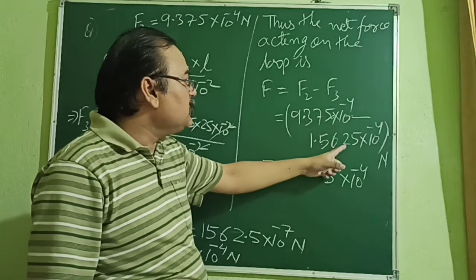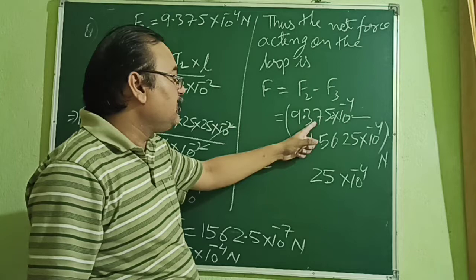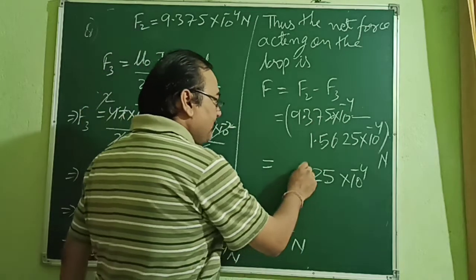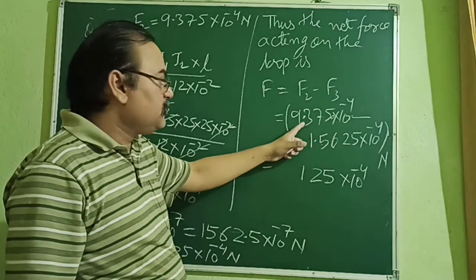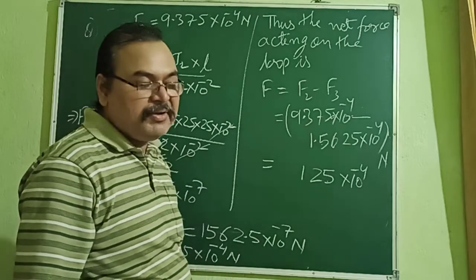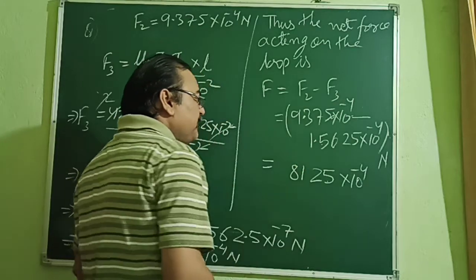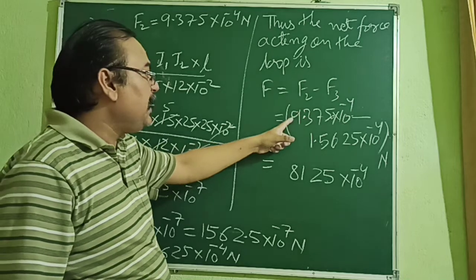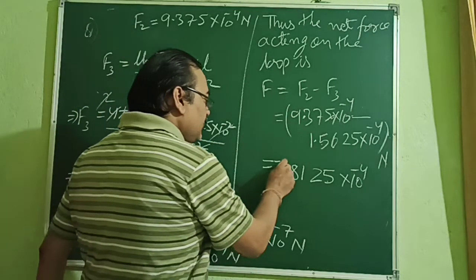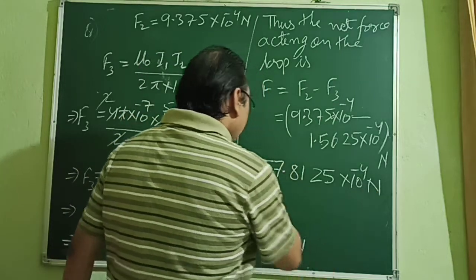So 4 minus 2 is 2. Now it is 7. 7 minus 6 is 1. Okay. 3 minus 5, we cannot subtract 5 from 3. So we have to take carry, 13. 13 minus 5 means 8. Okay. Now how much is left? 8 is left because one carry we have taken already. So 8 minus 1 is 7. So we are getting 7.8125 into 10 to the power minus 4 Newton. This much force is acting.